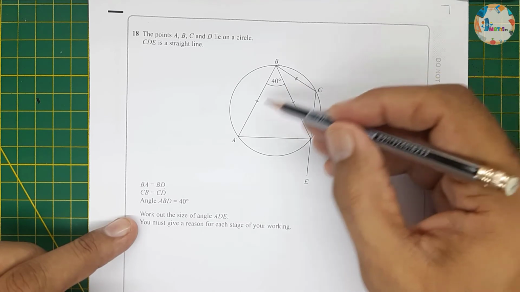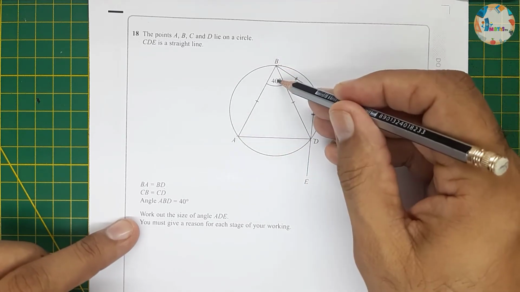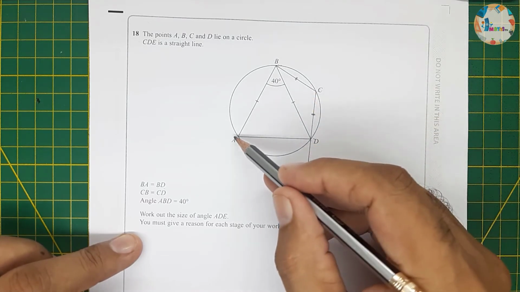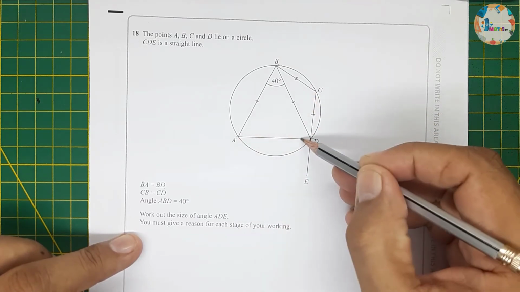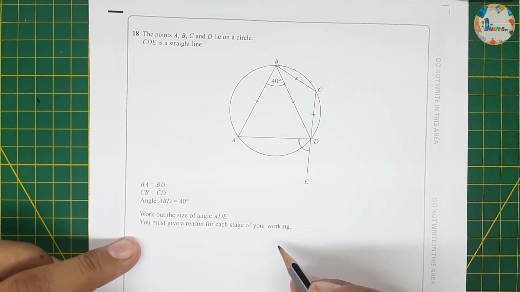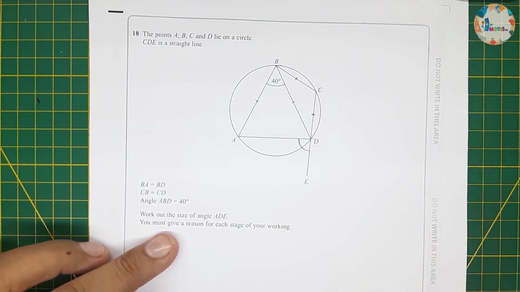Angle ABD is 40 degrees. Work out the size of angle ADE. So angle ADE is required. You must give a reason for each stage of your working.